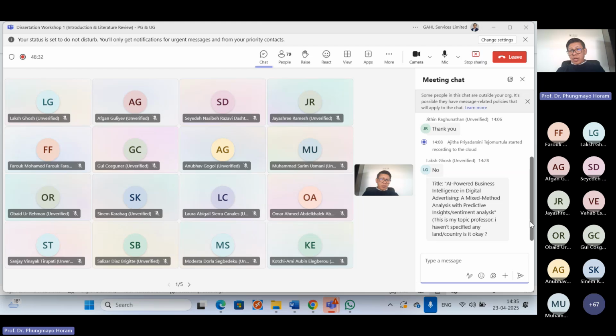AI powered business intelligence in digital advertising, a mixed method analysis with predictive insight, sentiment analysis. Okay, all right. So this could be something like AI powered business intelligence in digital advertising, a mixed method analysis with predictive insight. Sounds good, Lash.